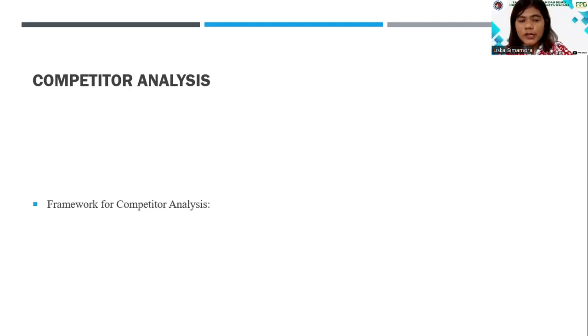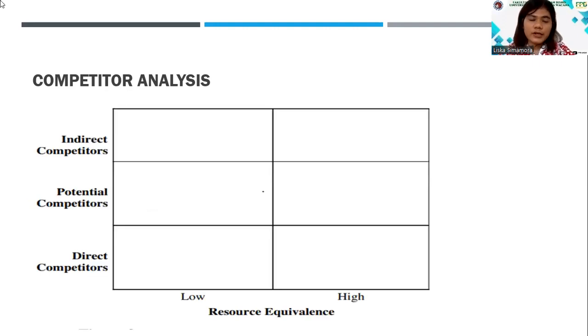So to do competitor analysis, it has a framework. Here it has a y-axis and an x-axis. In the y-axis, we have 3 stages: direct competitors, potential competitors, and indirect competitors. And in the x-axis, we have resource equivalence. So we put our competitor in this space if the resource equivalence with them is low, but they are our direct competitors.